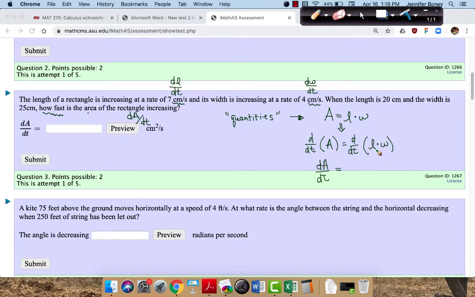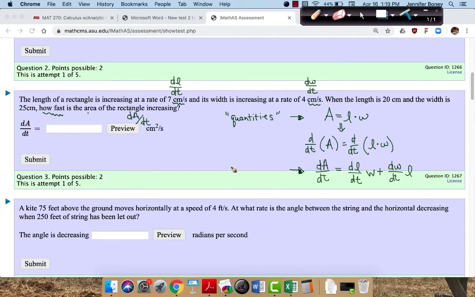But to find the derivative of a product, I take the derivative of the first times the second as it is, plus the other way around: the derivative of the second times the original first factor. So our formula that relates the rates of change doesn't only have the rates of change, it also involves knowing the actual width and length.